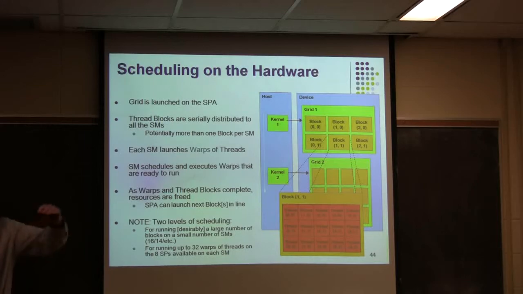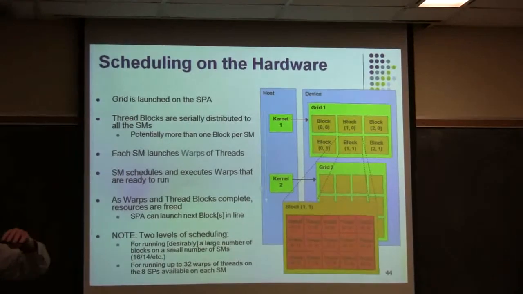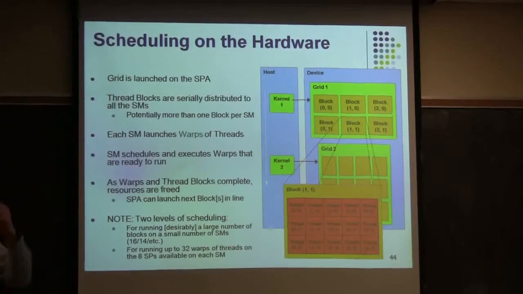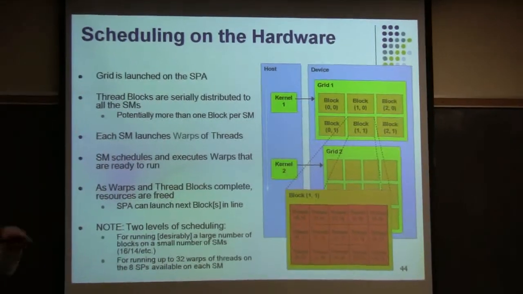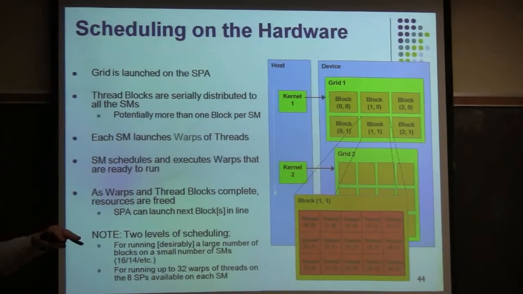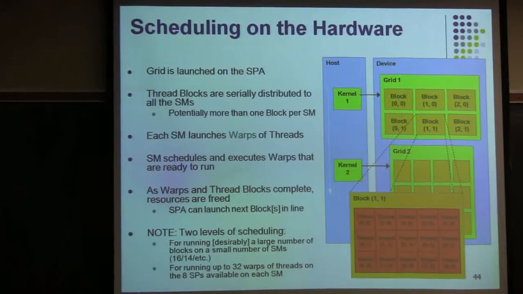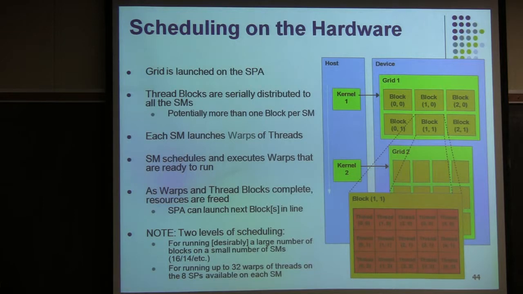You have to keep tabs on this, and therefore it's only natural that you have some limitations, because you have to keep track of things. Where is that block? Is it ready to run, and so on. The limitation on the number of blocks that 1 SM can handle is 8. The limitation on the number of warps that 1 SM can handle is 32.